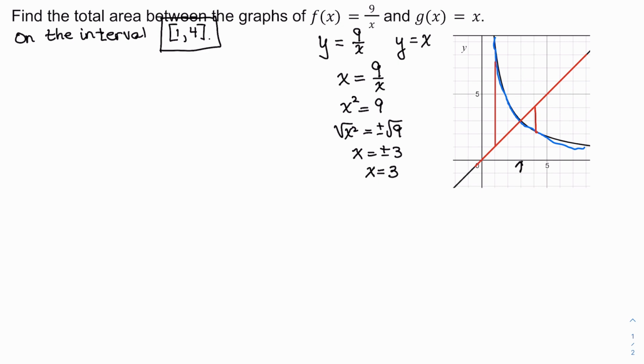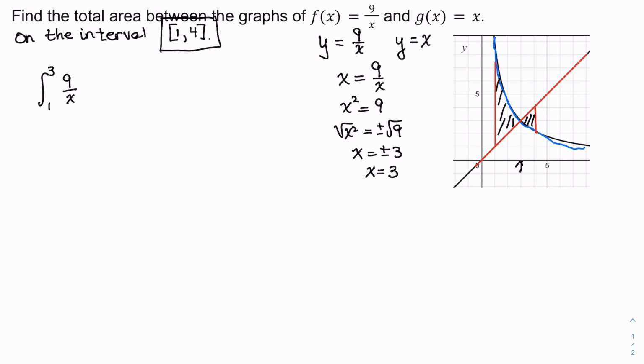So we are going to set up our definite integrals, do the first definite integral to find this area, and add it to the definite integral to find that area. So we have the integral from 1 to 3 of the blue curve, the 9/x, which is higher in the plane.